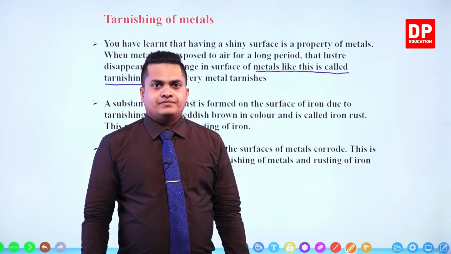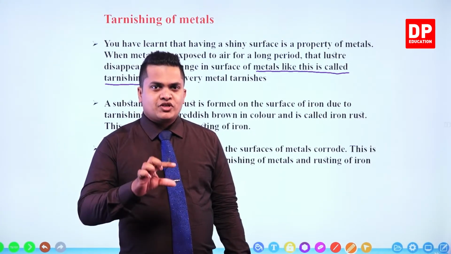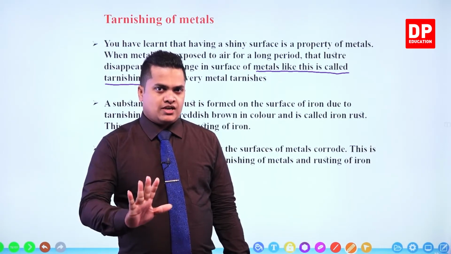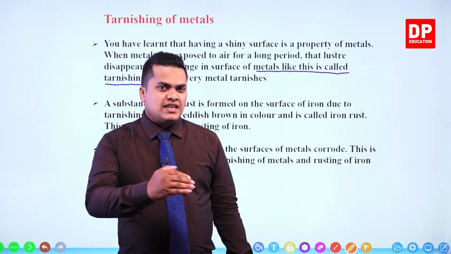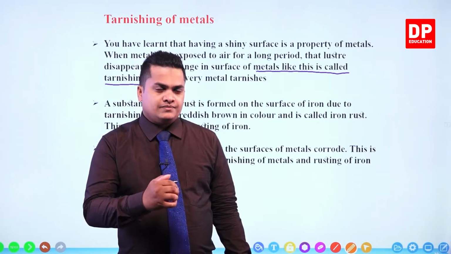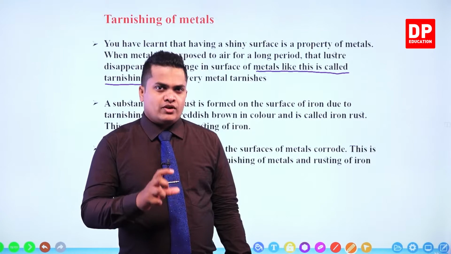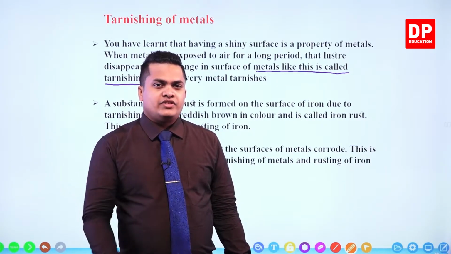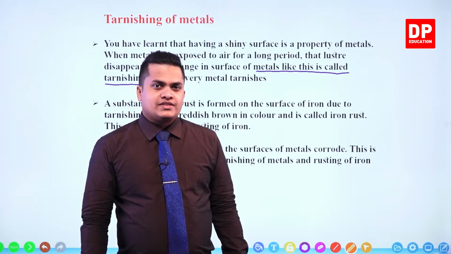In aluminium, there's a special kind of coating, not brownish color, it's like a silvery color. In magnesium also you can observe a silvery, ash color layer which is going to cover the surface to reduce the lustrous nature.